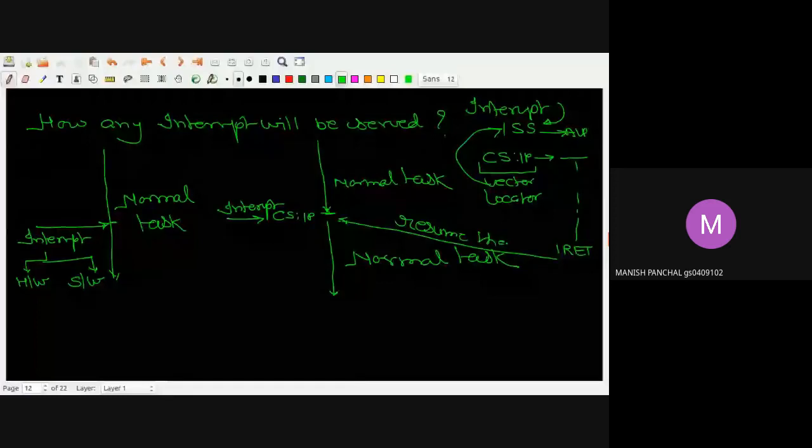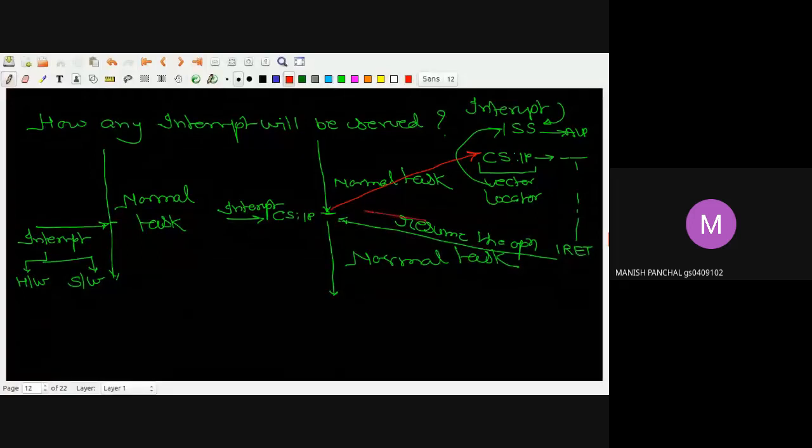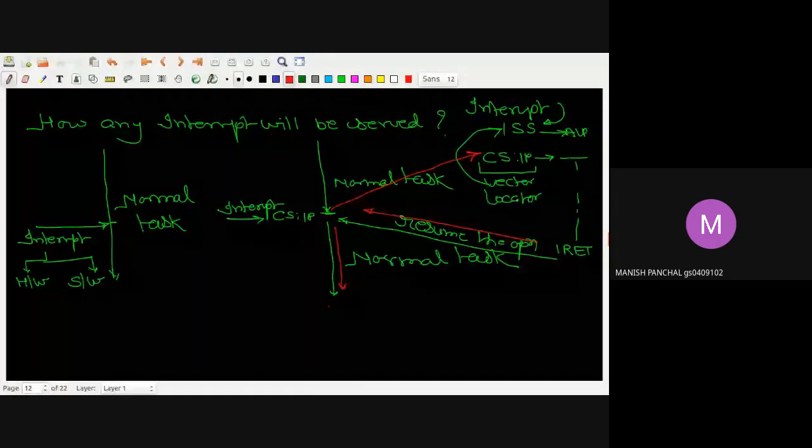The diagram is like this: up to the normal task, then from the normal task it will jump here, execute this, fetch the instruction called IRET, and then after the IRET it will come back and execute this one. I am showing this with the red color line. Here I can assume that any HLT or END is written, something like that.